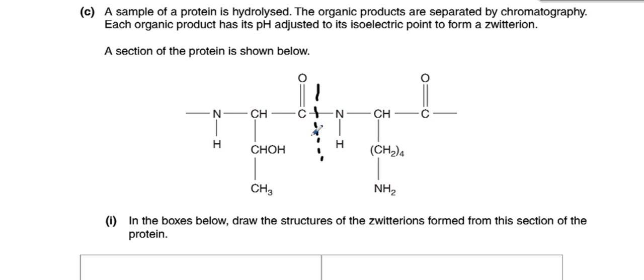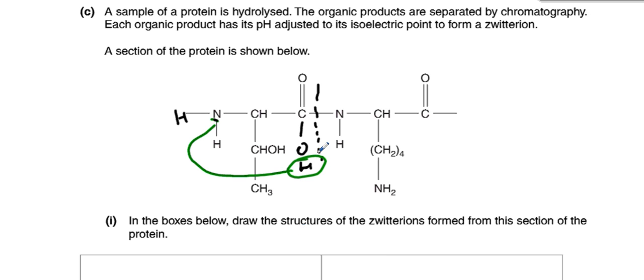So this will return to OH, and this will get its H back. But then, since they're in their zwitterion condition, I'm pushing my luck here, trying to change colour, this H will move over to the N, and that is how you will form your zwitterion.